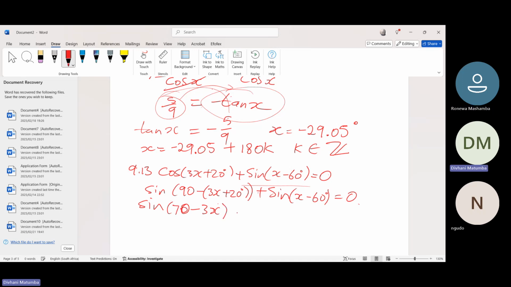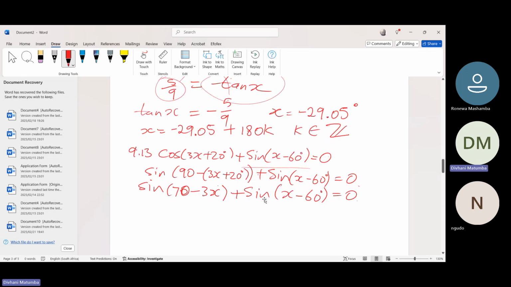Okay, this is what we have, and plus sine of x minus 60 degrees will give us 0.